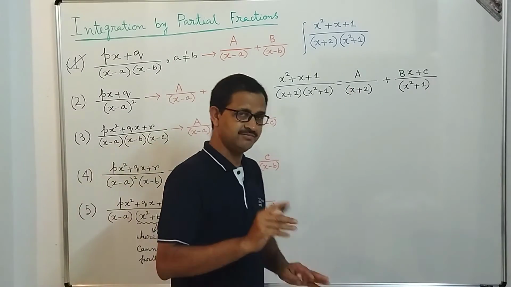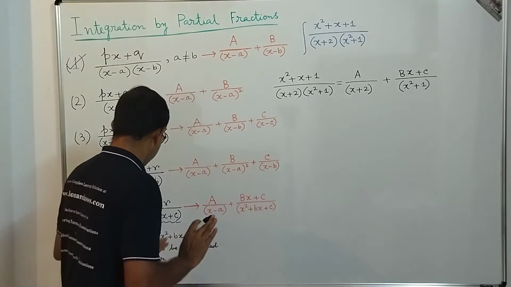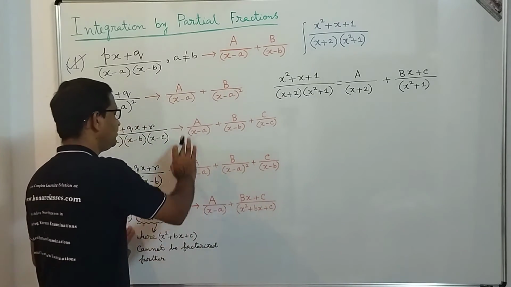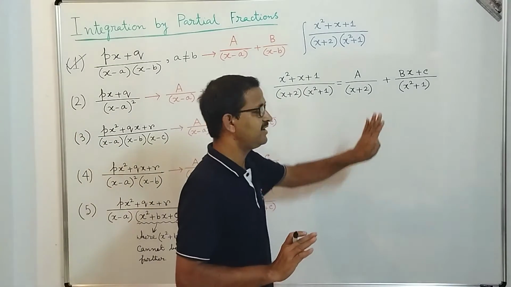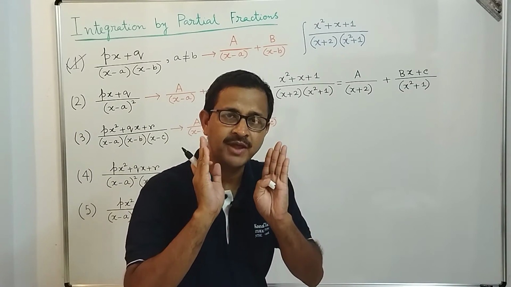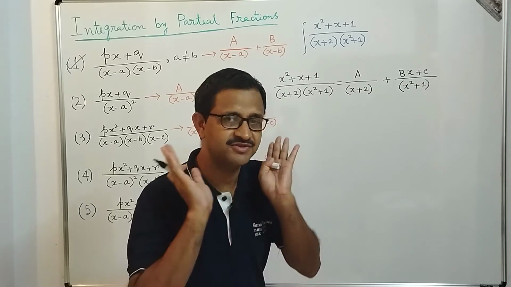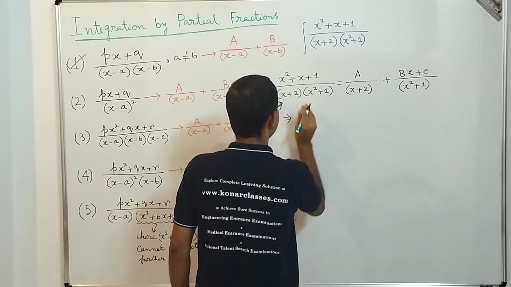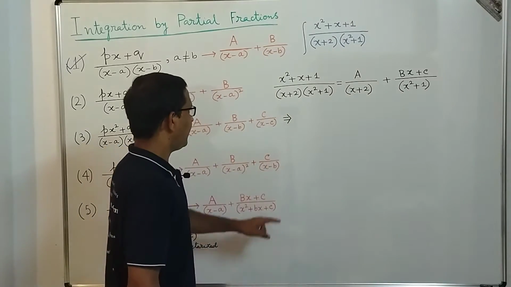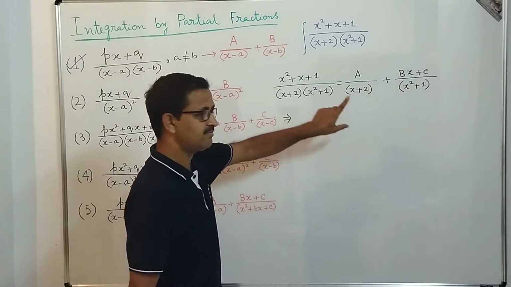That is the most important part. Integration will be very easy. The most important part is in which category of partial fractions we are expressing. Once it is done, our next step is to find the value of capital A, capital B, capital C. So how can we do this? Let's multiply both sides of this identity by x plus 2 into x square plus 1.